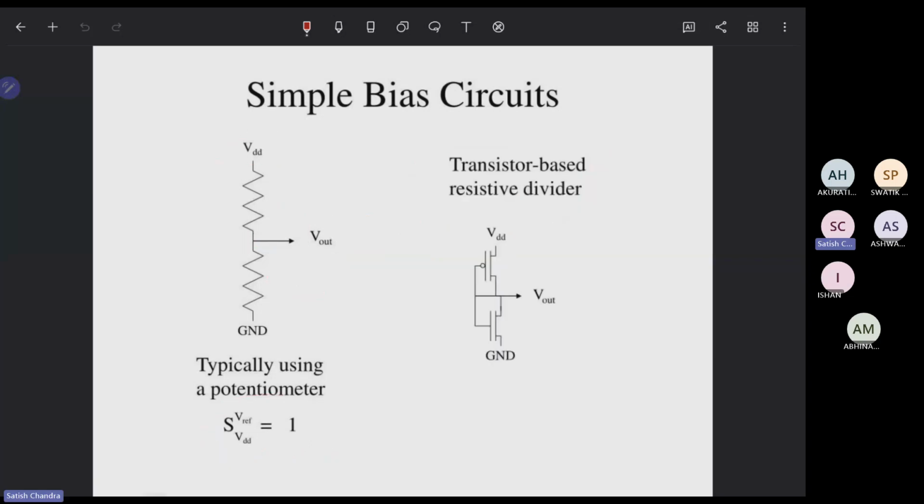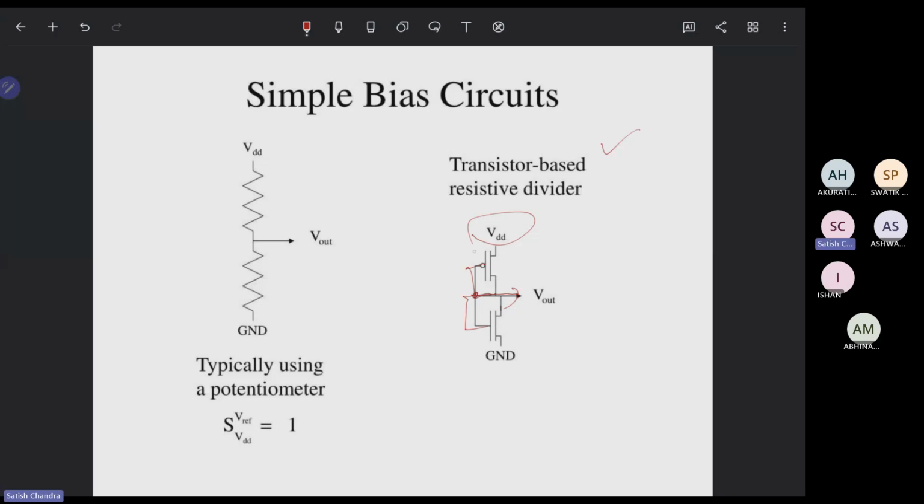So this can be designed with a transistor-based resistive divider in the same way. If VDD is applied here and we connect this terminal across this one, it behaves like a resistor, and similarly this one also behaves like a resistor.